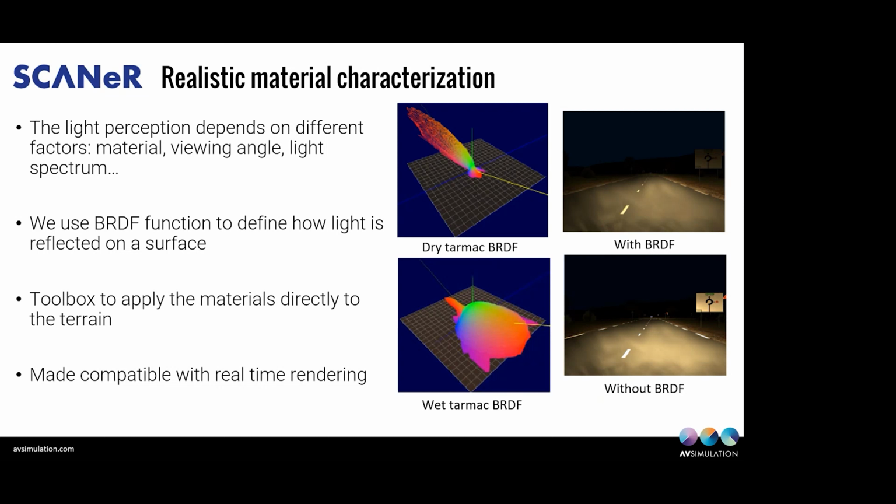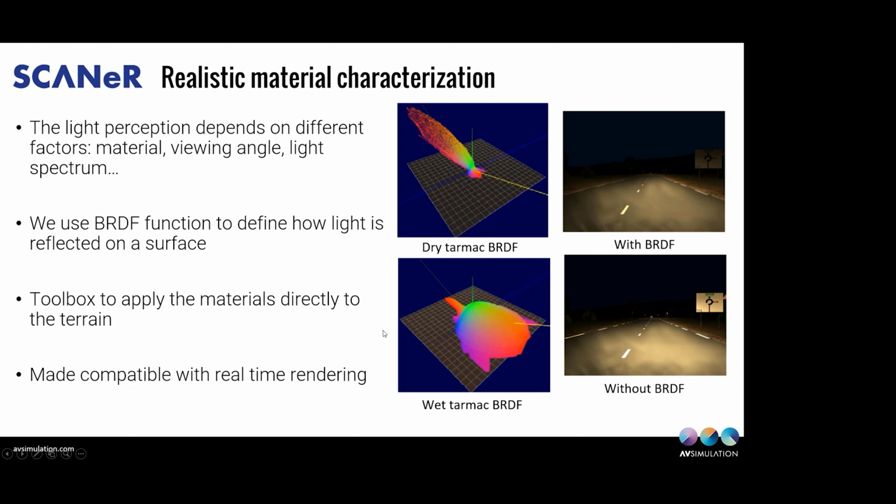And at AVSimulation, we use a BRDF function in order to characterize each material, define how the light is reflected on this specific surface, which goes to this representation here. Here you have the BRDF of a dry tarmac, so the light ray hits at this point in the middle, and all the other is the representation of how the light reacts to this light ray.